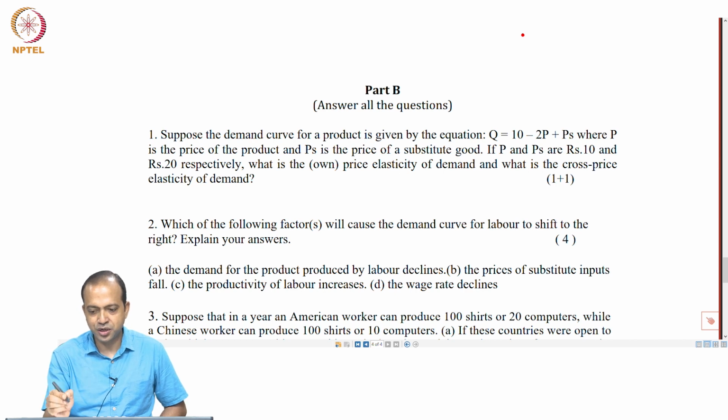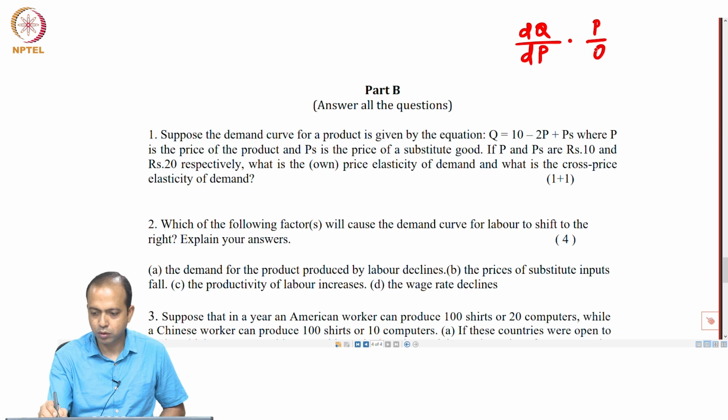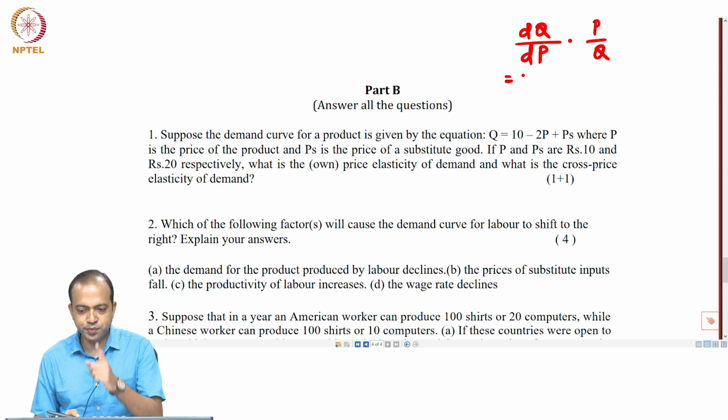So, that means dQ/dP into P by Q. From the given equation, I need to find out what is P, what is Q, and what is dQ/dP.